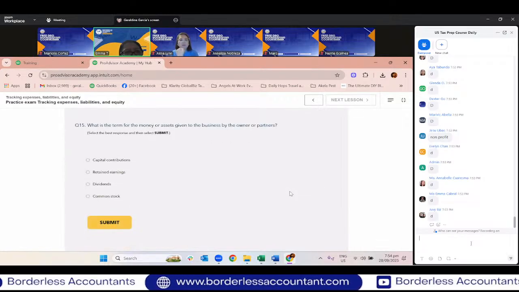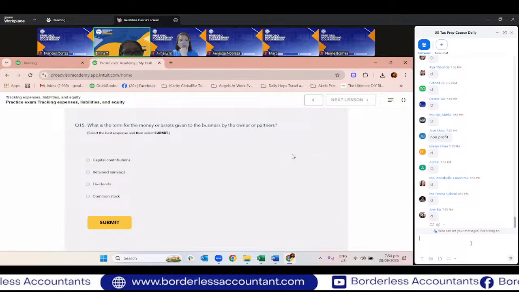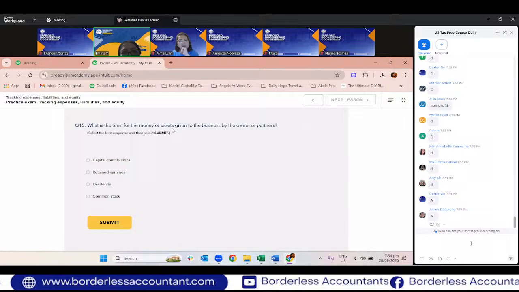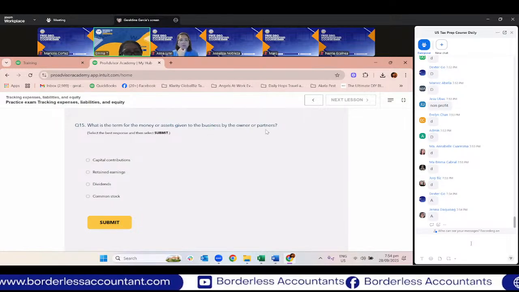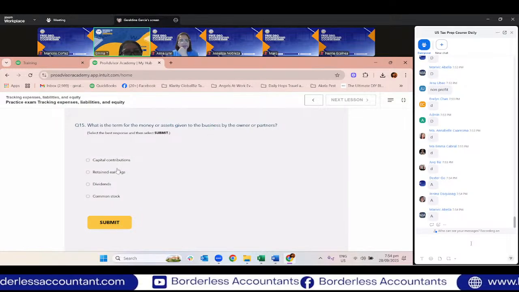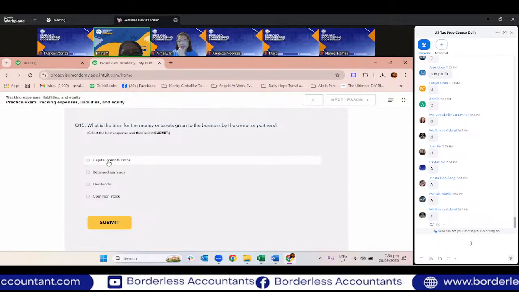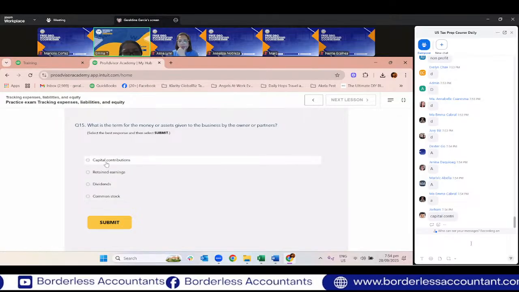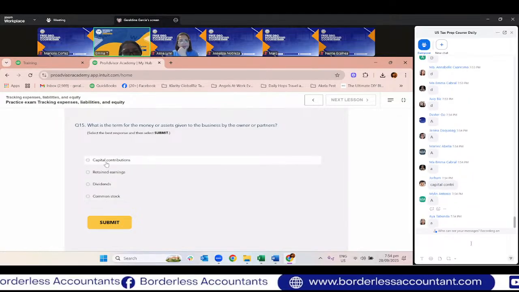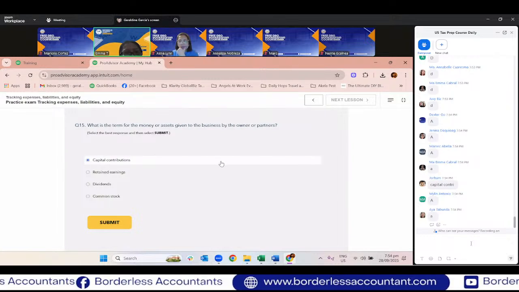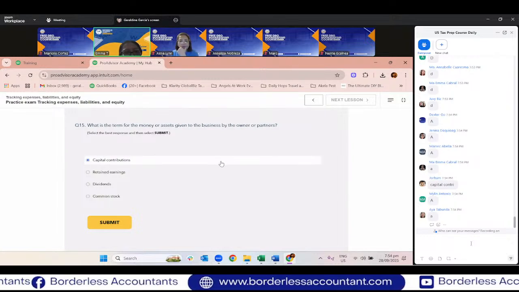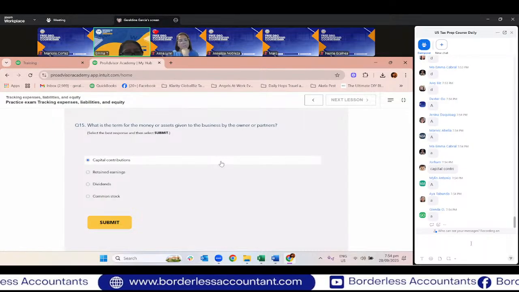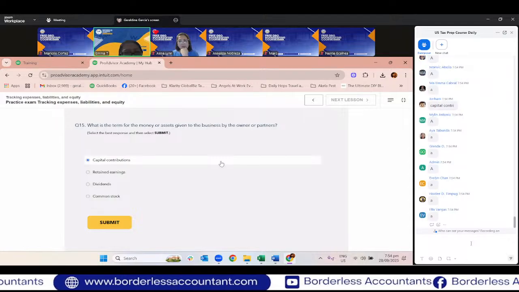Question 15. What is the term for the money or assets given to the business by the owner or partners? Select the best response and then select submit. Capital contributions, retained earnings, dividends, and common stock. So I think capital contributions is the asset, property, or cash contributed by the stockholders in a corporation, or in a business.